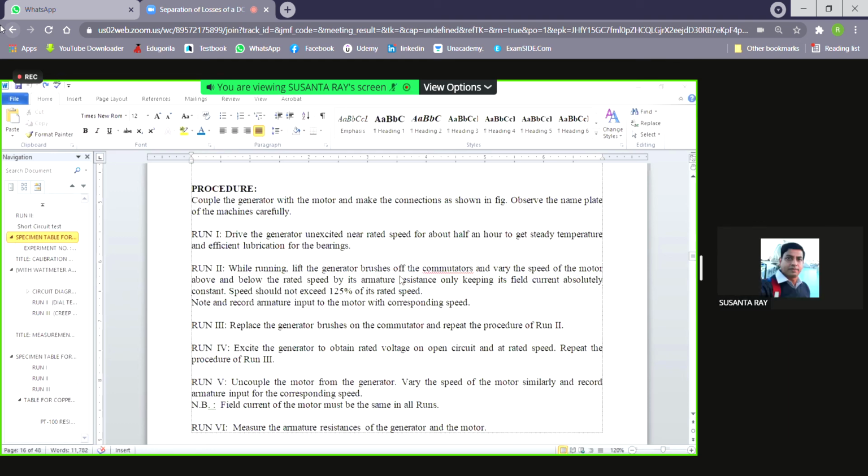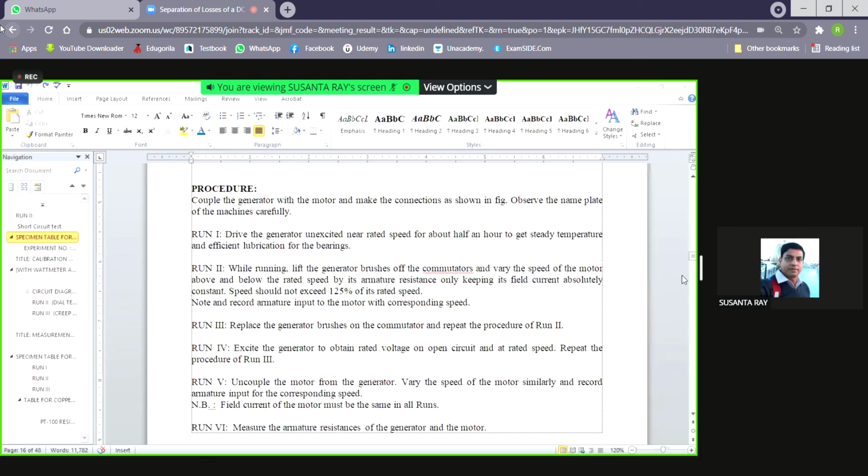Got it? So that means from 4 to 3, we are separating the core loss out. From 3 to 2, we are separating the brush friction loss out.